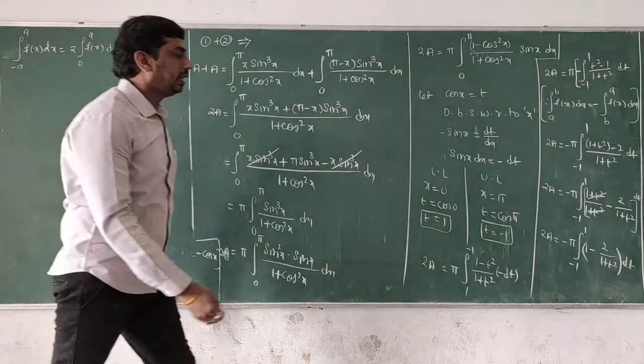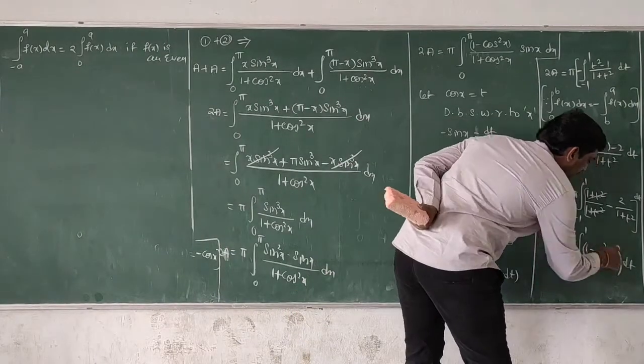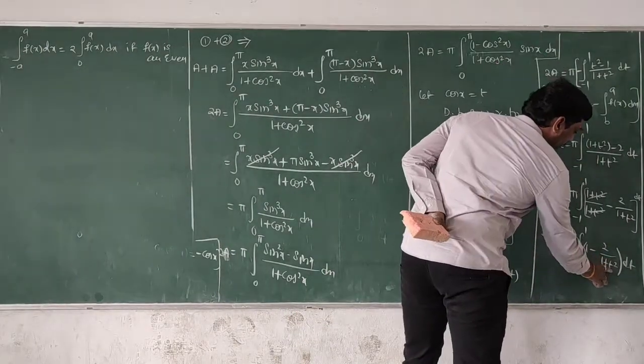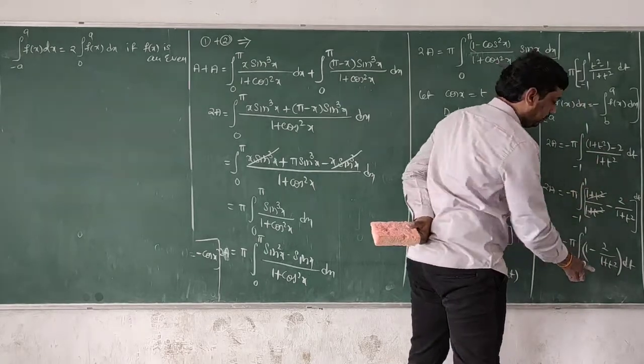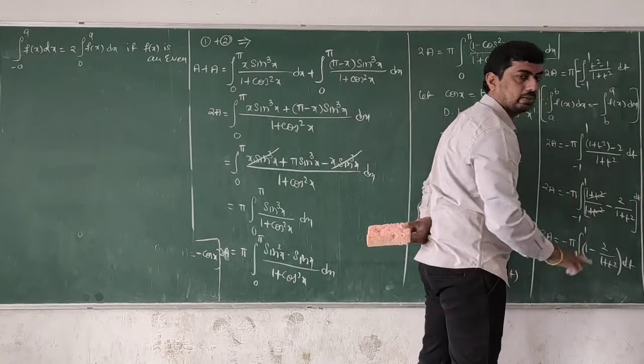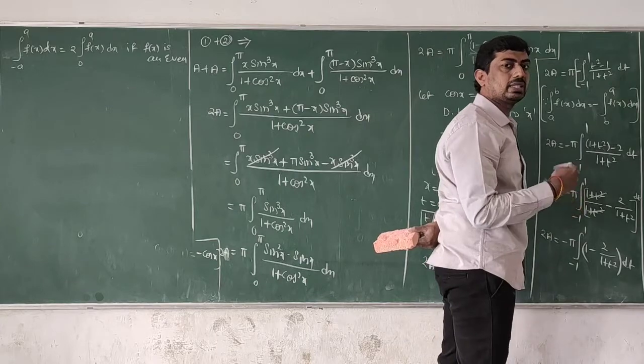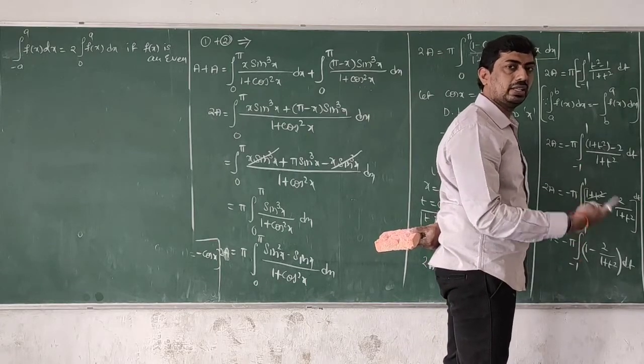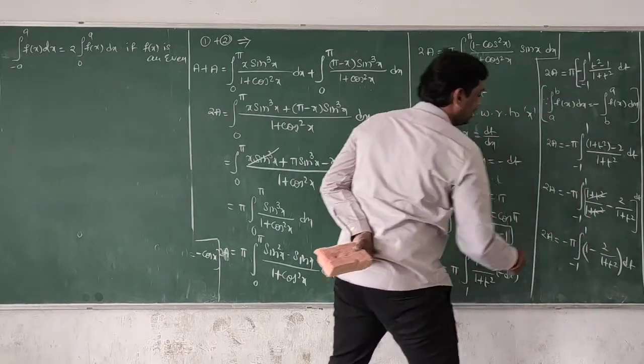Clearly this one is an even function. Why? Because here the variable is only t. If we substitute minus t whole square plus t square, that means f of minus t equals f of t, then that is an even function.